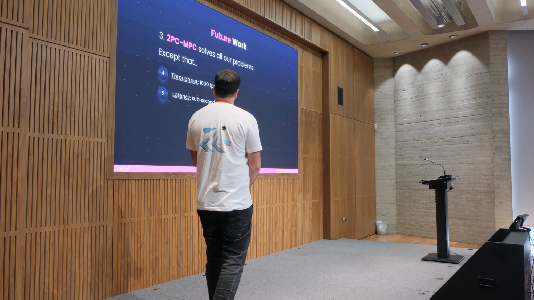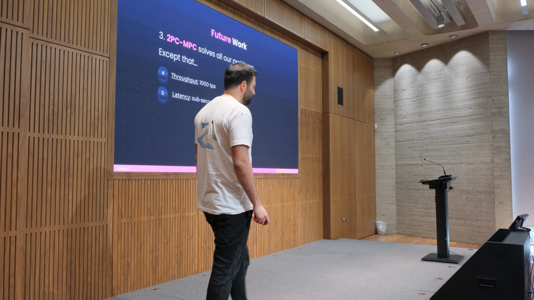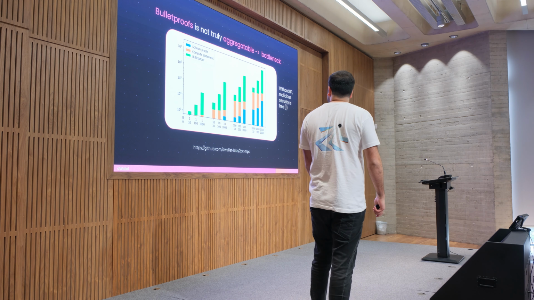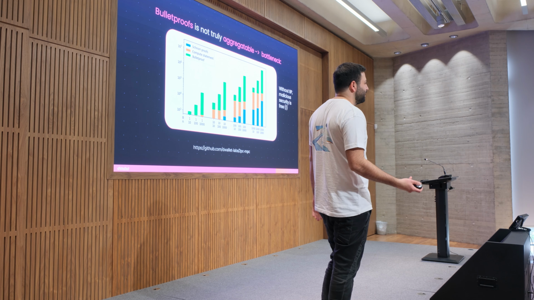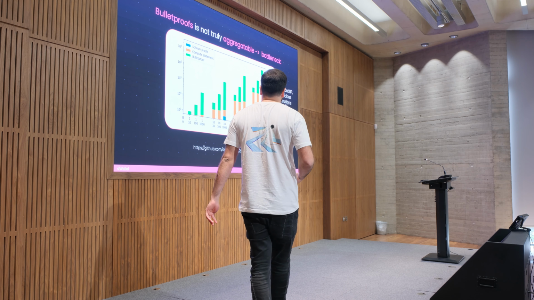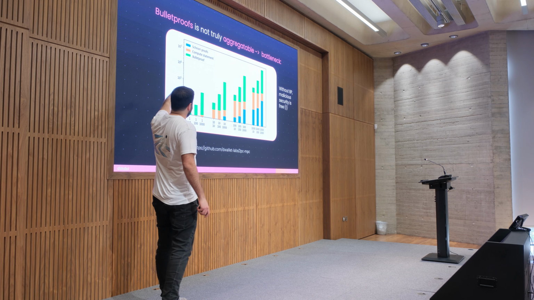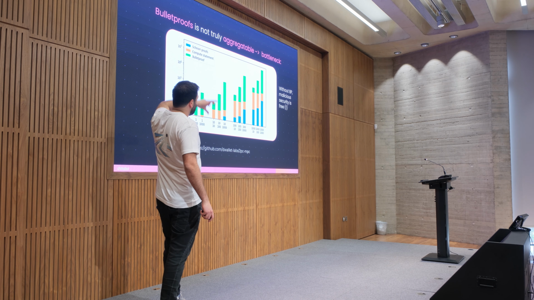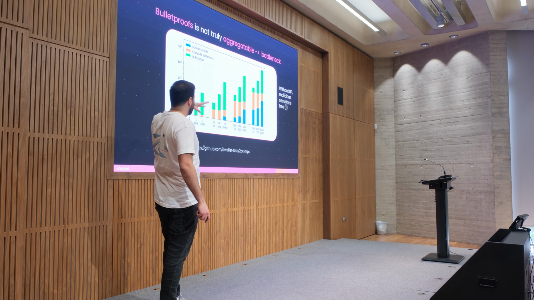What's our future work? To solve these two small problems, not that small. But let me show why I'm very optimistic, and why I say that 2PC-MPC actually solved all our problems. This is a logarithmic scale, and we show what takes the most computation in our protocol.